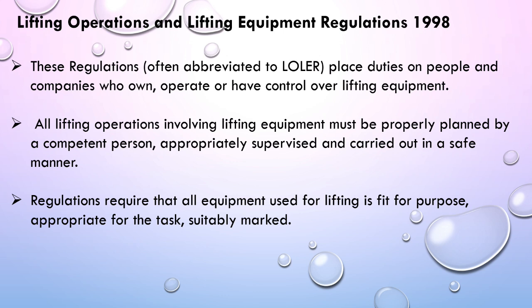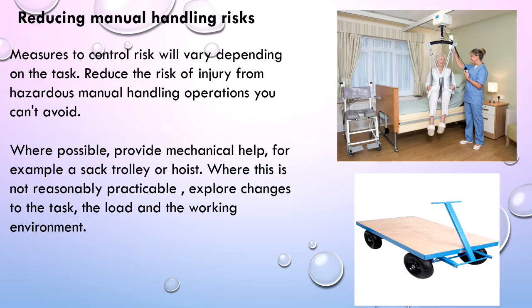Now, all lifting operations involving lifting equipment must be properly planned by a competent person, appropriately supervised, and carried out in a safe manner. Regulations require that all equipment used for lifting is fit for purpose, appropriate for the task, and suitably marked. Reducing manual handling risks. Measures to control risk will vary depending on the task.